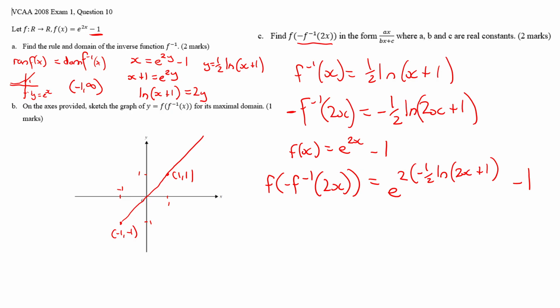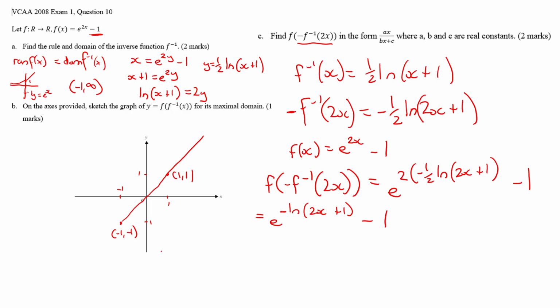So the first thing, 2 times a half, well, that's just 1. So it'll be negative out the front only. So let's just simplify that further. So that will be e to the power of negative ln 2x plus 1 take away 1. Now, we know when we are doing the inverse, it cancels the value out.